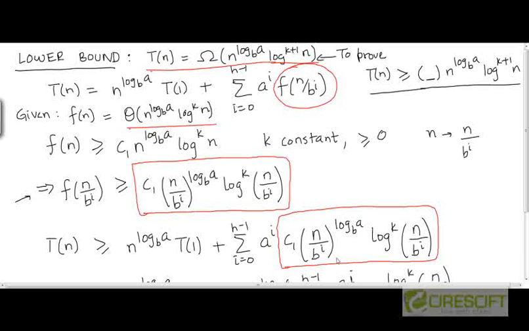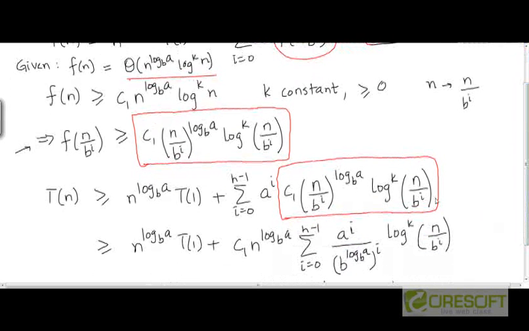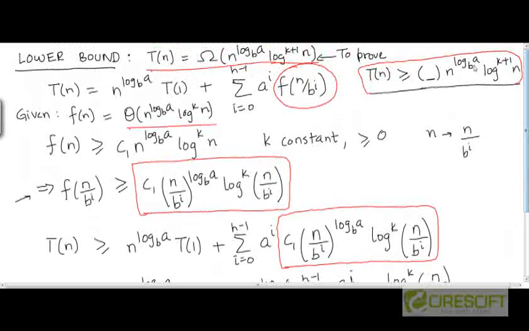And we did this because we ultimately want to prove something of this form. T of n is greater than or equal to some constant multiple of this function. So effectively we had to simplify this summation and show that we can actually get something like this from it.